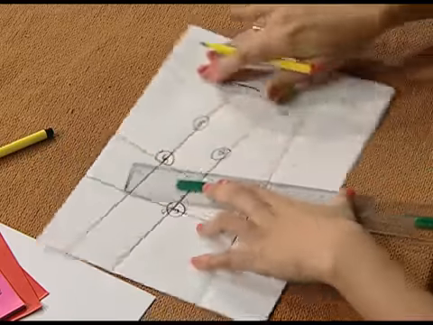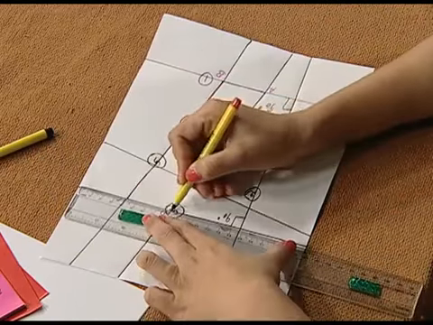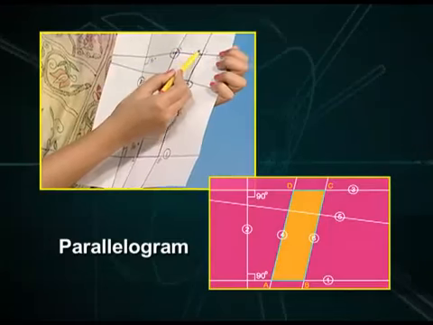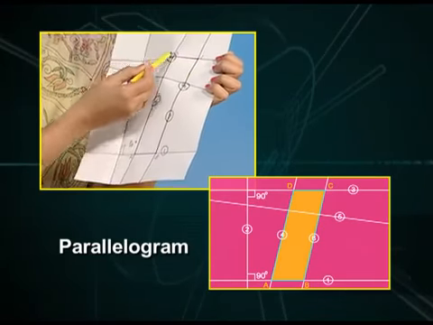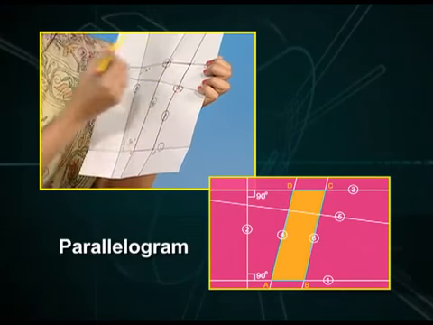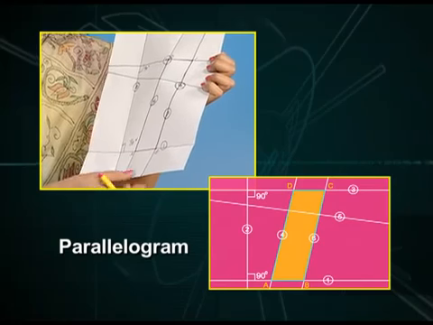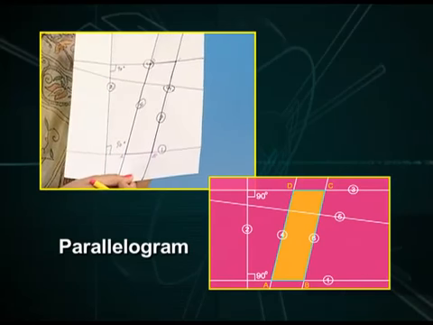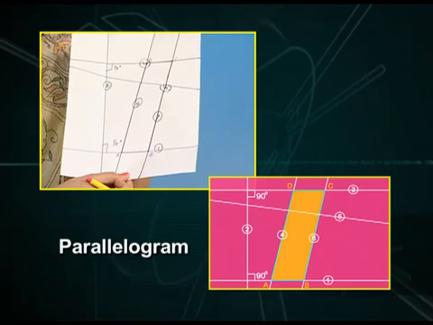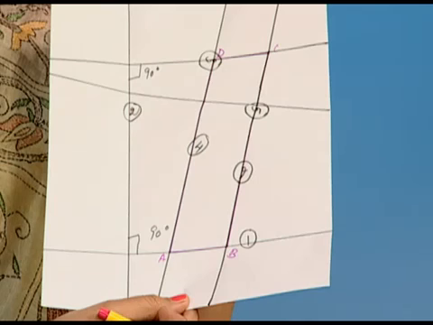Here ABCD is a parallelogram in which AB is parallel to CD and AD is parallel to BC. This is how we get a parallelogram using paper folding.